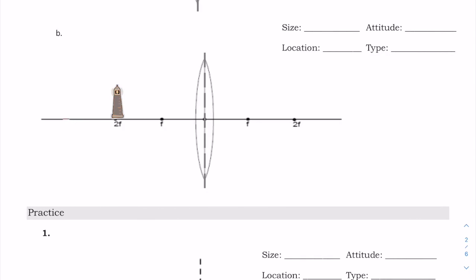Okay, let's try another one. So now we have an object located at 2F. Let's go ahead and draw the 3 rays of light. So the first one that I'll draw is parallel to the principal axis. That one refracts and passes through the focal point. The second one that I'll draw passes through the optical center.